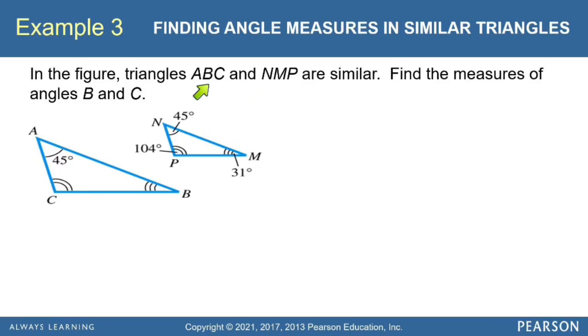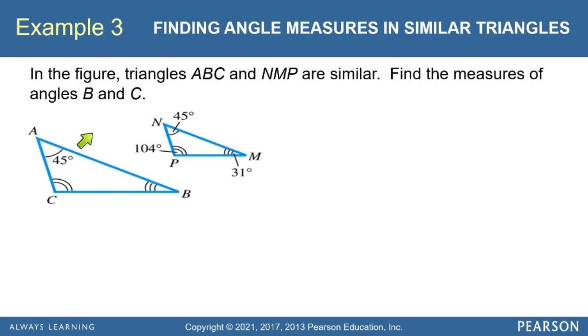So the way these triangles are named is telling me that angle A is congruent to angle N, angle B is congruent to angle M, and angle C is congruent to angle P. You can see it here in the diagram as well. So the angle that has one line across the angle is marked as 45 degrees here. Angle A is marked as 45 degrees. And then angle N is also labeled as 45 degrees.